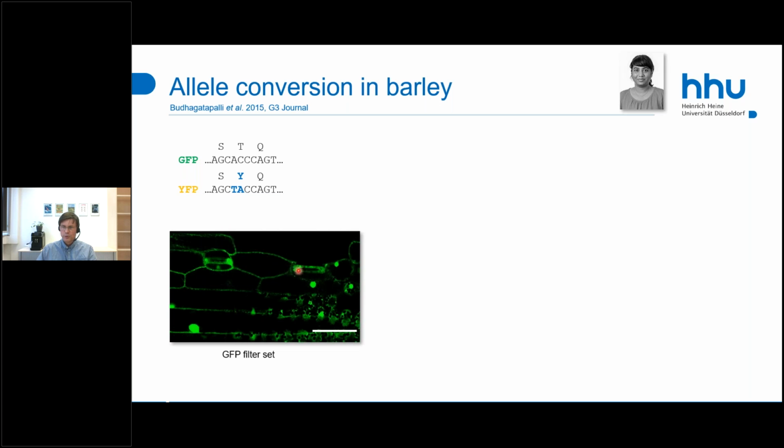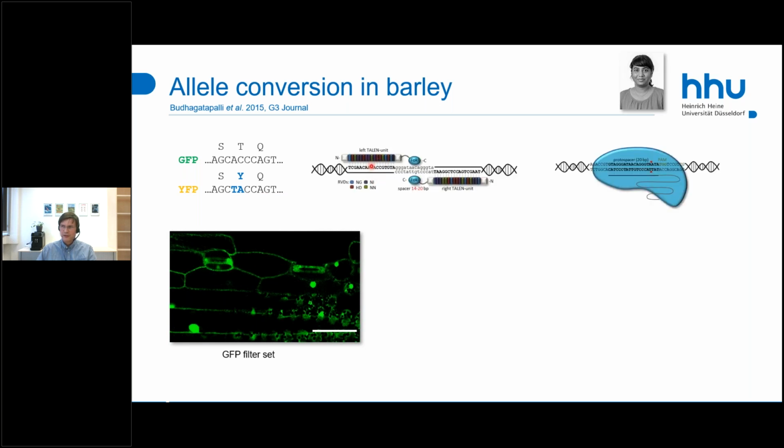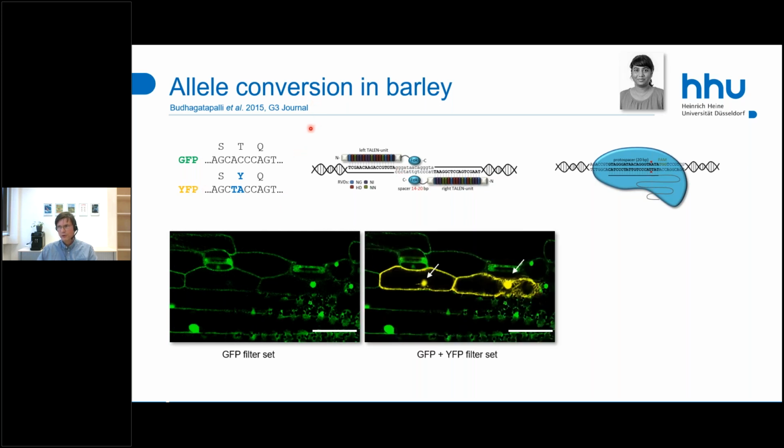And so we used transgenic barley plants, which have a single copy of GFP, and used at that time TALENs and the CRISPR-Cas technology in order to make those kinds of allele conversions by providing the GFP-specific scissors and a non-functional YFP repair template. And so we could confirm that in barley it's possible, which is illustrated here by these yellow cells.